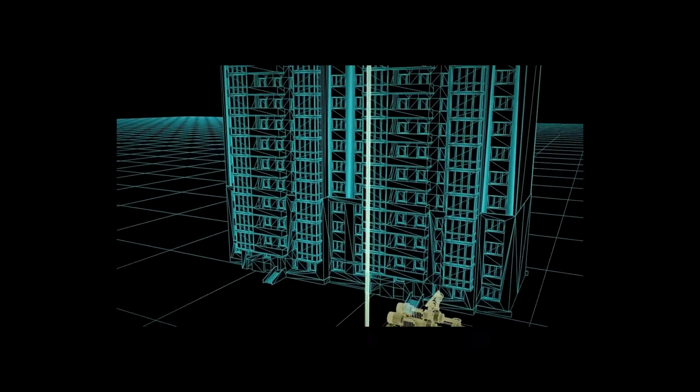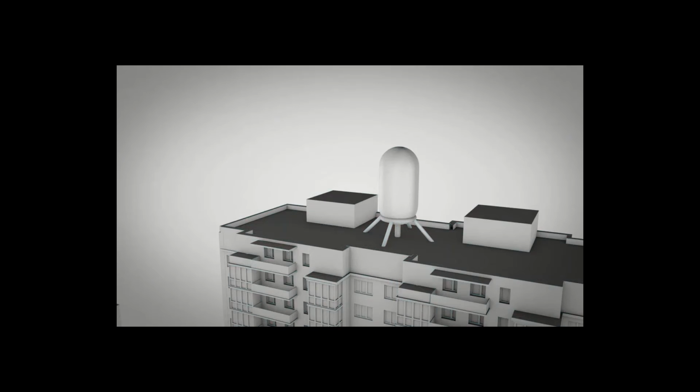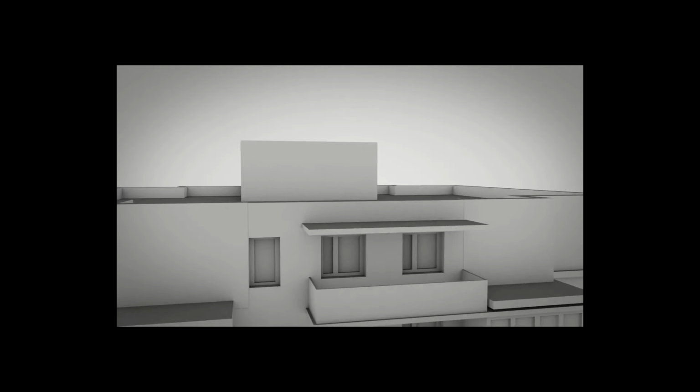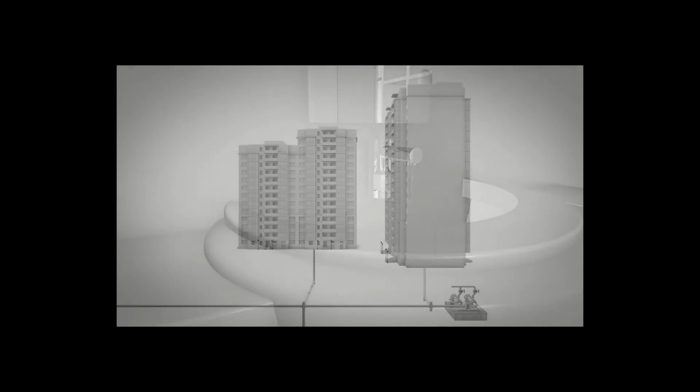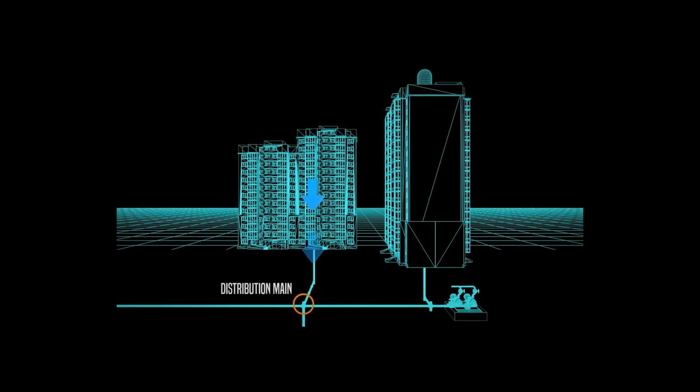Backflow could occur as the booster pump draws pressure from the suction side of the pump, in this case the distribution main and the neighboring building on the right. Negative pressure occurs at taps on the building on the left, siphoning potentially contaminated water back down into the distribution main and the building on the right.